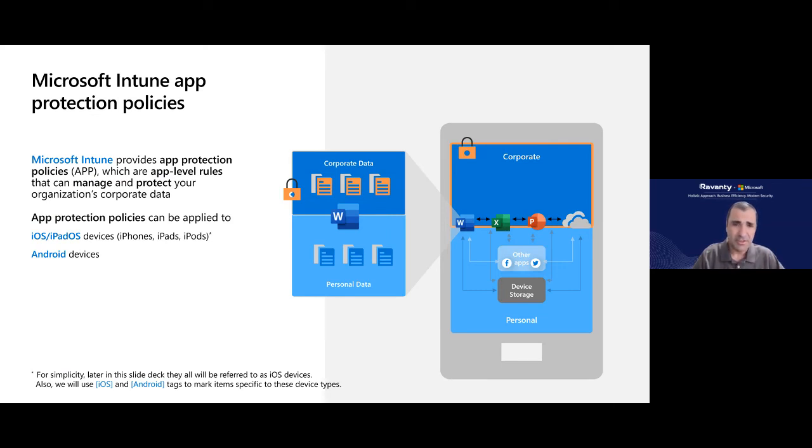And you as an organization see very limited data on that device, things like just the OS level and the name of the device, and really nothing else. You can't see any personal data on that device. You can only see specific corporate managed data on that machine. That's where app protection policies through Microsoft Intune come into play. It really allows you to control the corporate data at the app level without necessarily controlling the actual device.